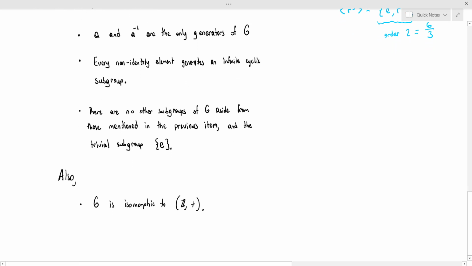Okay. Also, every infinite cyclic group is isomorphic to the integers with addition. All right.